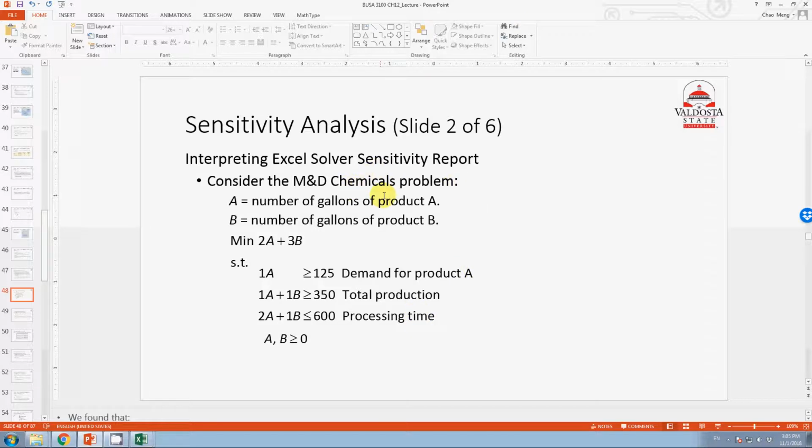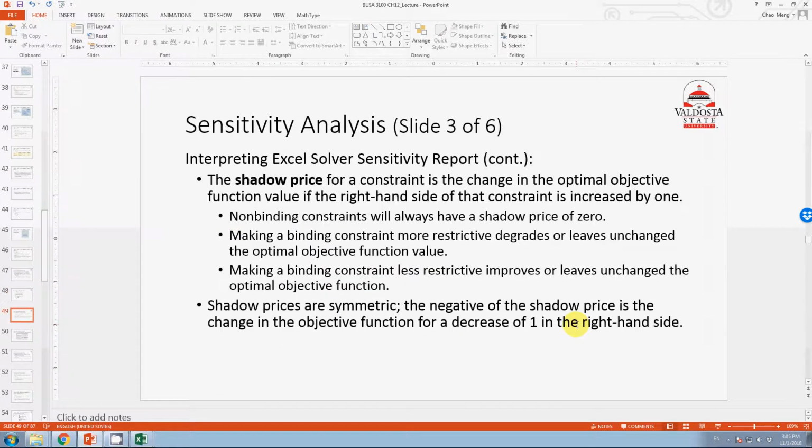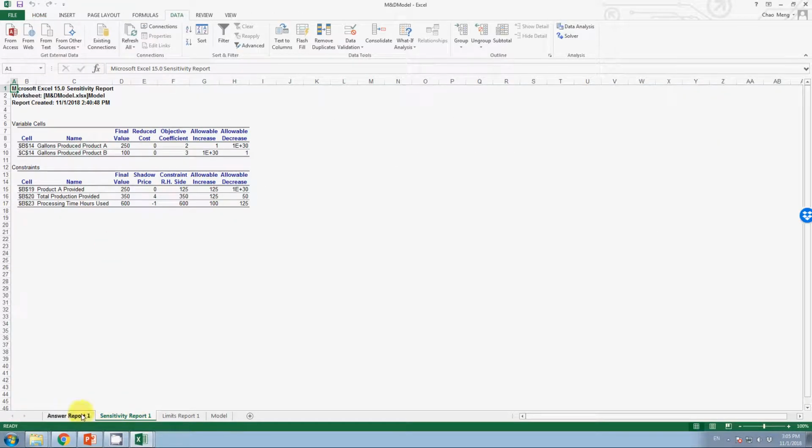So, for example, we still consider the minimization problem that we used earlier. We need to produce two types of products. We have an objective function and constraints. If we go back to the model and go to the sensitivity report, we can see we have shadow price and so on.